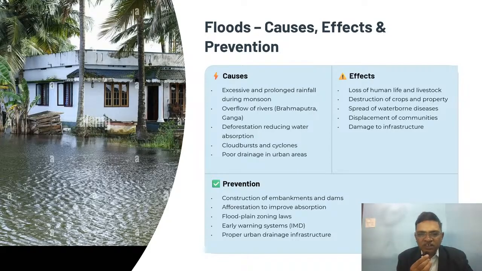Afforestation, which means you have to plant more trees to improve the absorption of water. Then floodplain zone laws. Then an early warning system, IMD. There should be a proper urban drainage system infrastructure. So these are the floods: causes, effects, and prevention. Okay, then we'll go to the next thing.